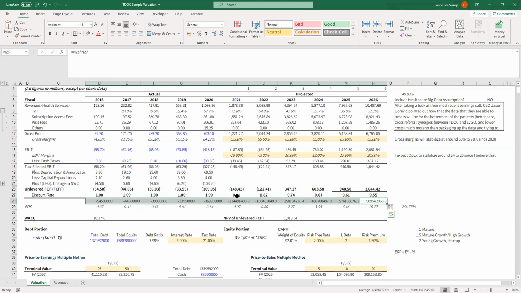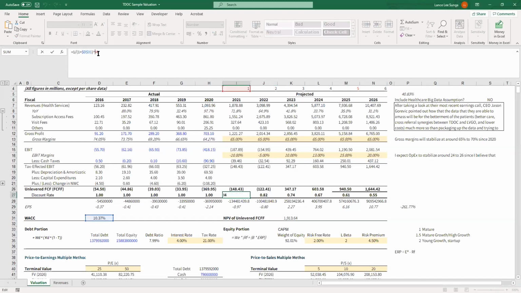The discount rate is 1 over 1 plus the WACC, raised to how many years in the future? That specific period. So for 2021, that's 1. Then 2022, that's 2 years, 3, 4, 5, 6, and so on.